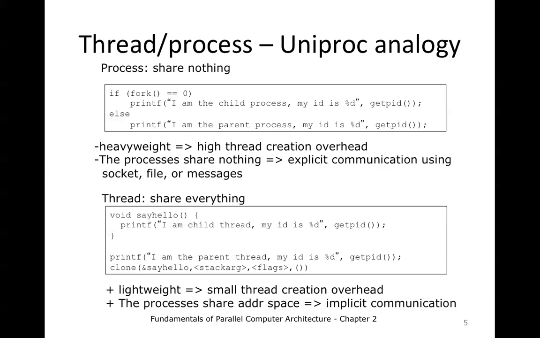They have their own address space. They can't see each other's memory, and there's a good reason for that. By isolating processes from each other's memory, you cannot have one process corrupted or have a security breach that affects the other process.